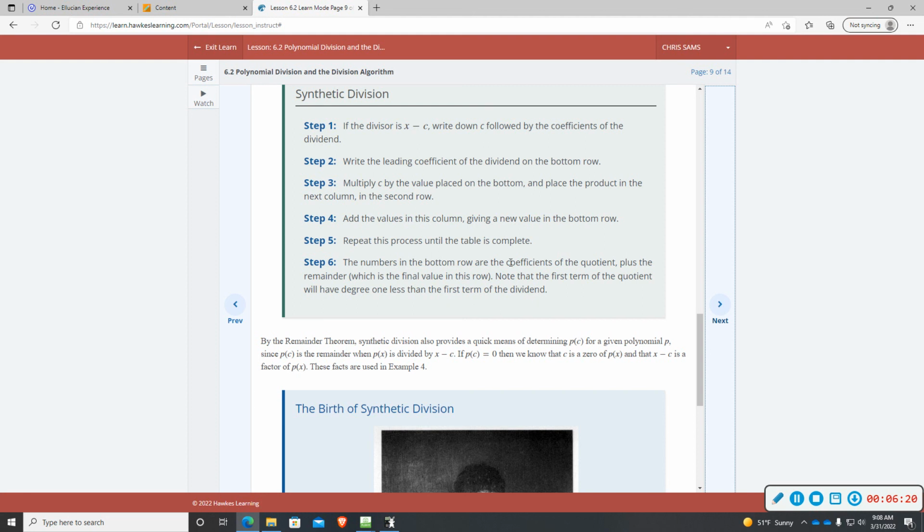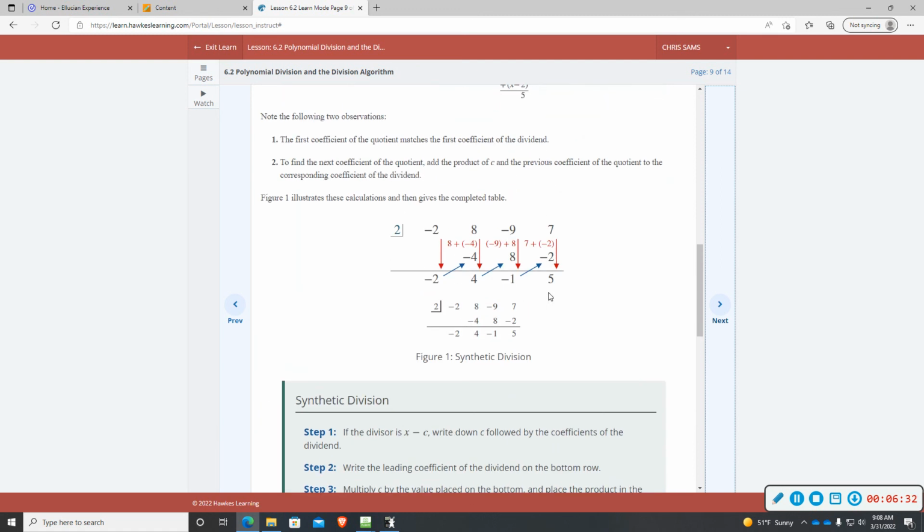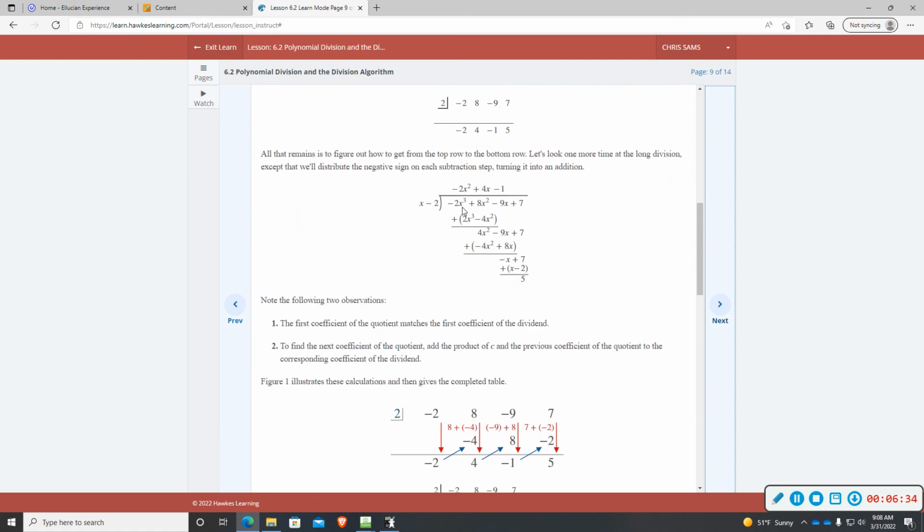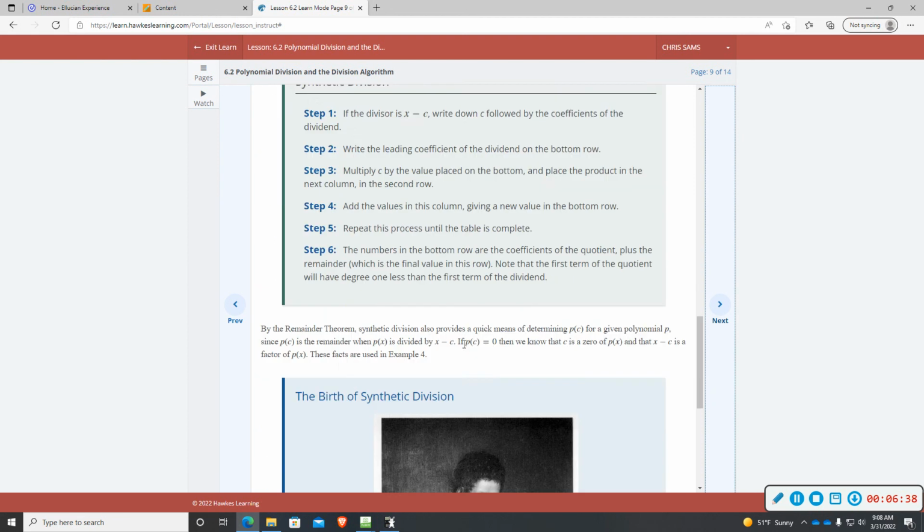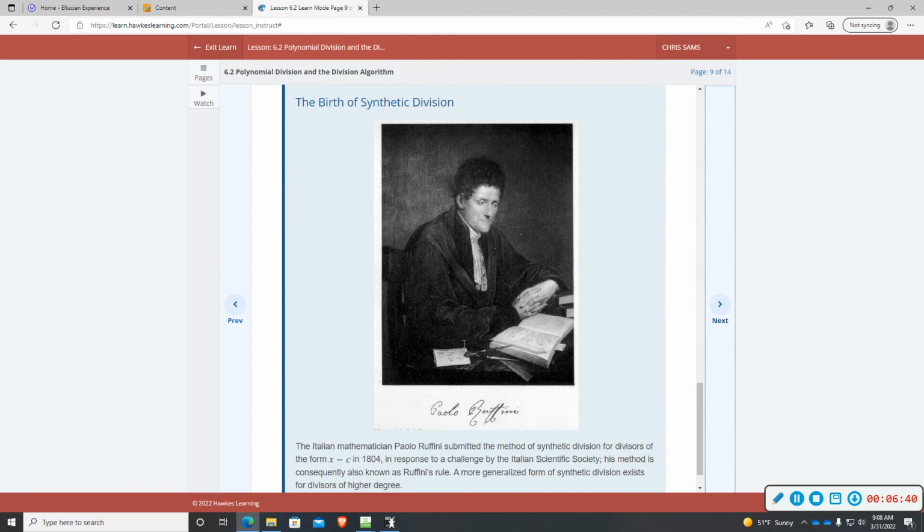The numbers on the bottom row are the coefficients plus the remainder. It says note, first term of the quotient will have degree 1 less than the first term of the dividend. So that is saying whatever you have, which is x to the third, you're going to start with x squared and just count down from there. But I will also show that process.